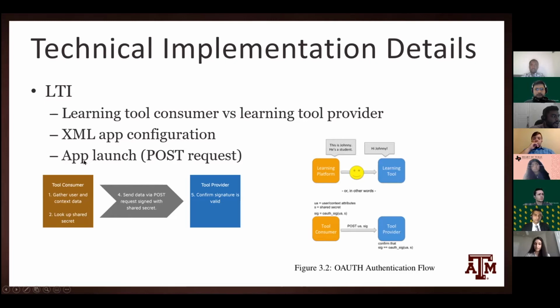And then an app launch happens, which is basically sending the post request with the student's credential to auto log in the student. So that's some information about the technical implementation details.